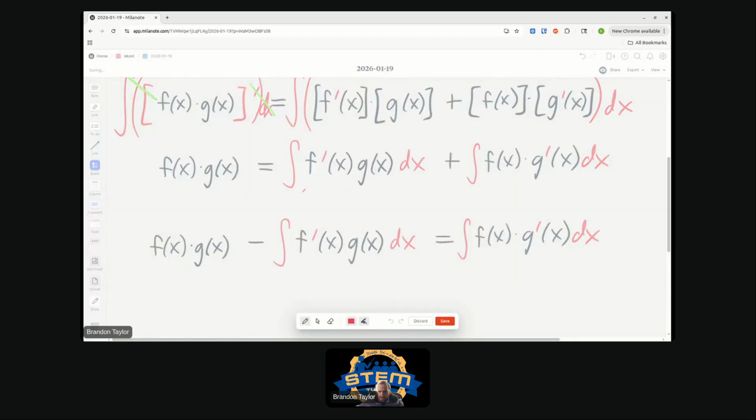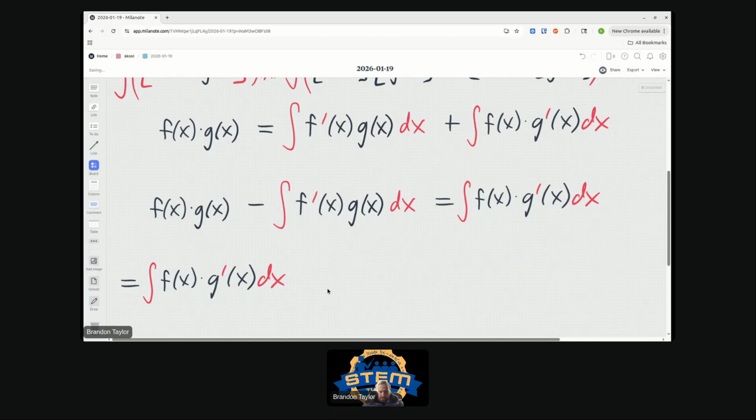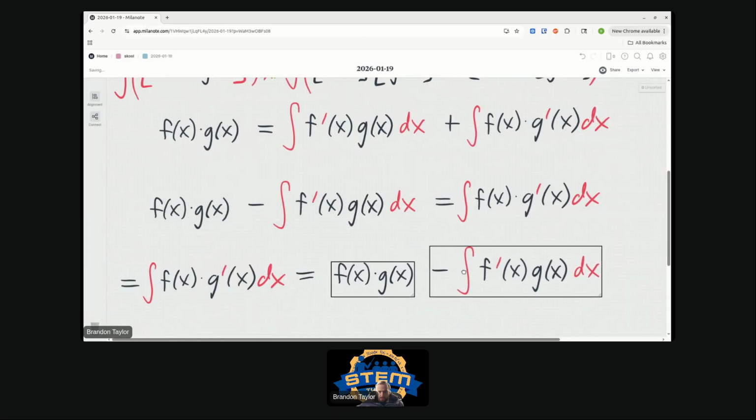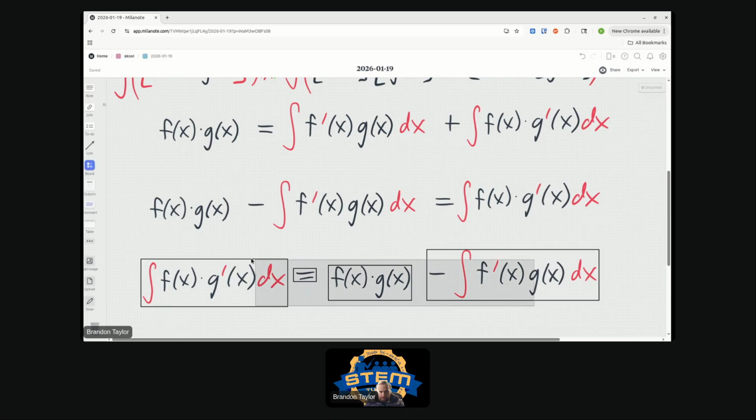So we're literally taking this integral and subtracting it to the other side: f of x, g of x minus this whole integral. Then I'll rearrange this, and we get this, which is getting closer to what's typically given as the integration by parts formula.